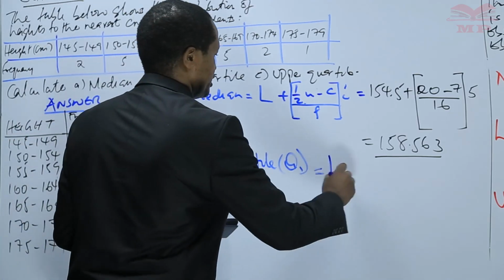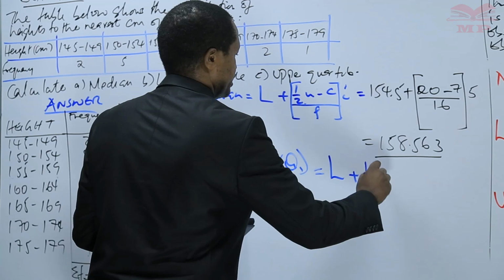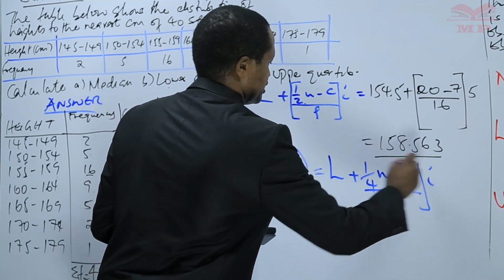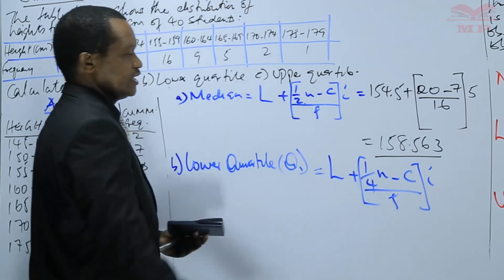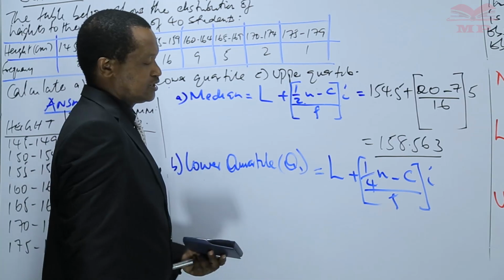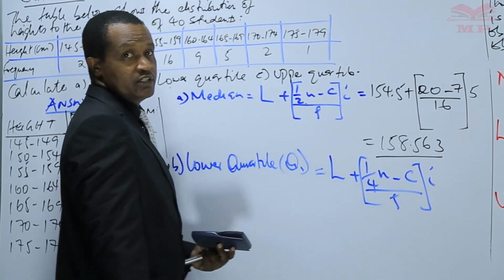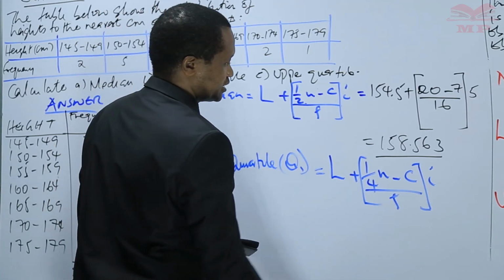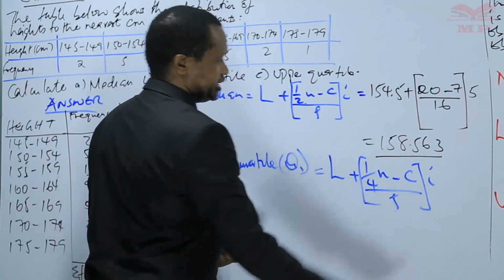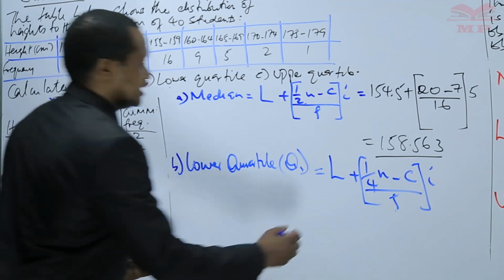The formula is L plus (1/4 n minus C) over F, times I, where L is the lower class boundary of the first quartile class, N is the total frequency, C is the cumulative frequency above the first quartile class, F is the frequency of the first quartile class, and I is the class interval.